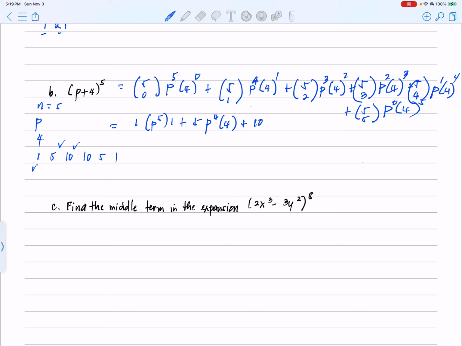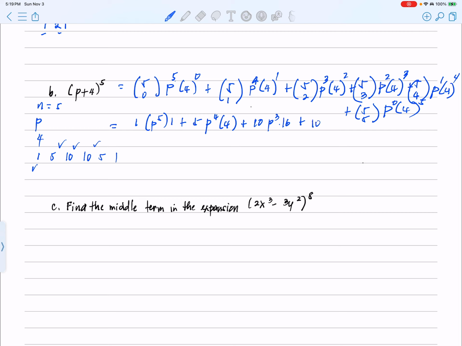p to the third, 4 squared. I will have it directly. 4 squared is 16. 5 choose 3 is 10.